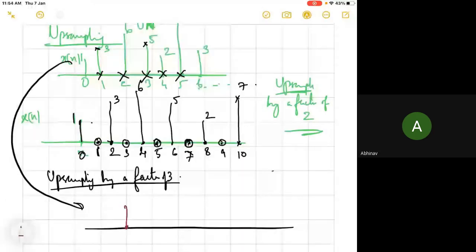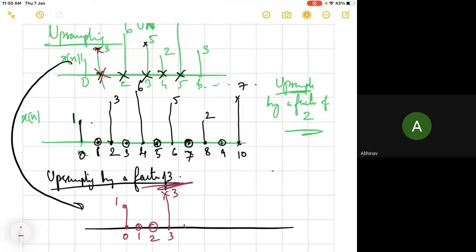Then if upsampling is by a factor of 3, you leave 2 zeros. 0, 1, 2 will be zeros, and at 3 you add what you have at 1 position, which is 3. So you put 3 there. Then 4 and 5 should be zeros because upsampling is by a factor of 3. Then at 6 you have whatever you have.